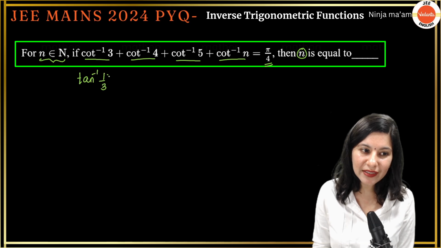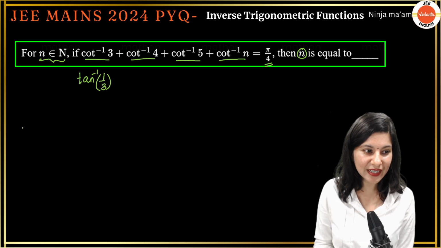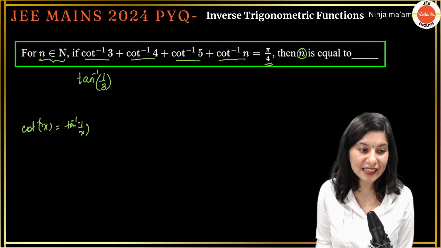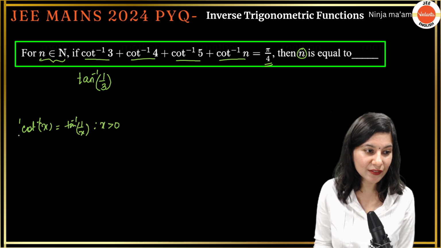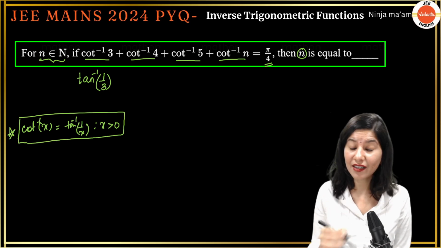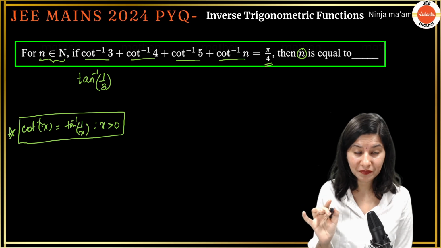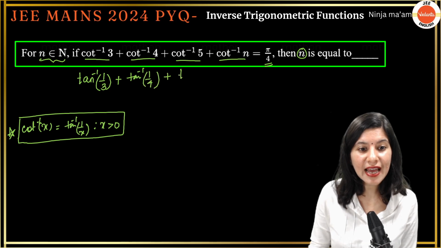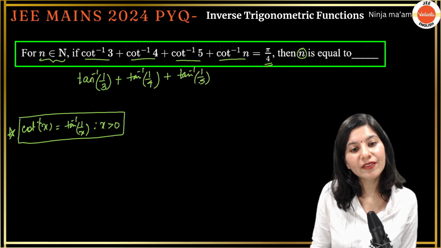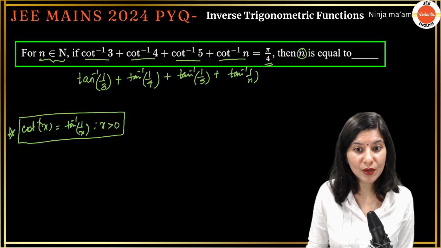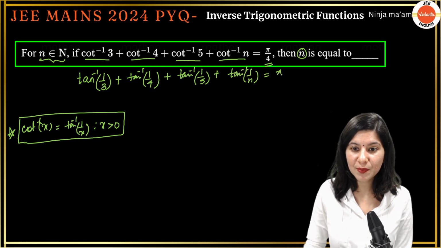So we are going to follow the same thing. Tan inverse 1 by 3, because this is the property: cot inverse x is equal to tan inverse 1 by x, especially when x is positive. We don't have to bother about that when x is positive, but if x is negative, then this is not true; we need to add pi. So tan inverse 1 by 3 plus tan inverse 1 by 4 plus tan inverse 1 by 5 plus tan inverse 1 by n, because n is also positive, a natural number, is equal to pi by 4.